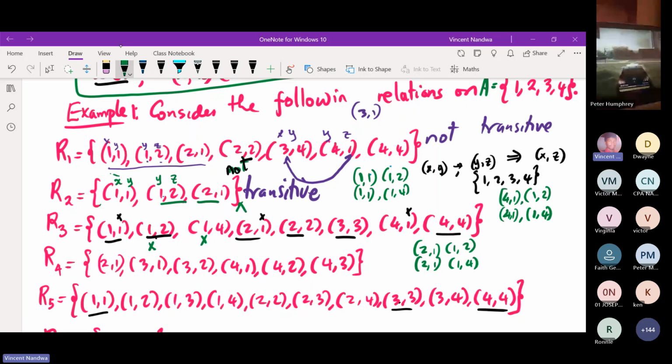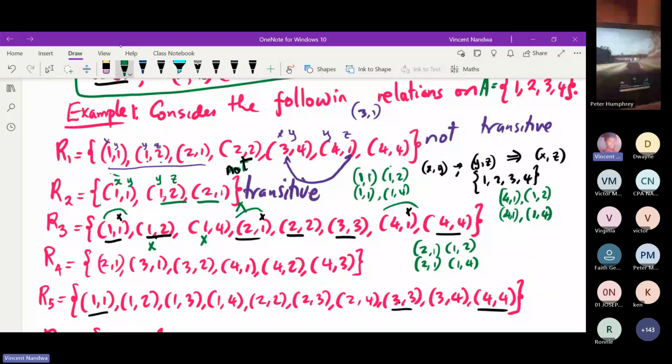So for these 3 pairs, for the condition of transitivity to be satisfied, I need to relate them to pairs which start with 1 as the first element. So I have 1, 2 and 1, 4. Those are the only pairs that start with 1.